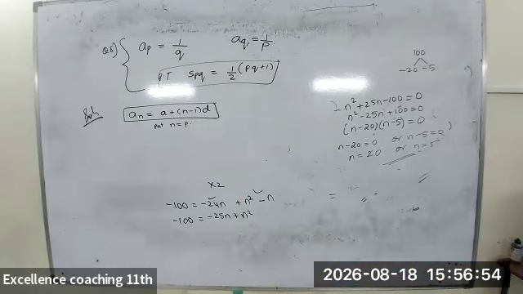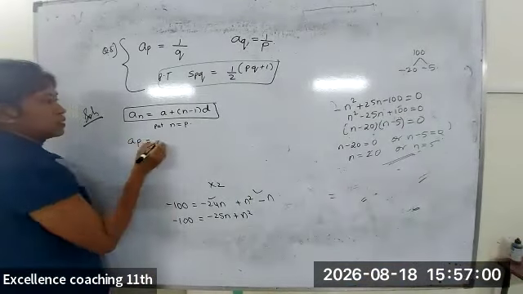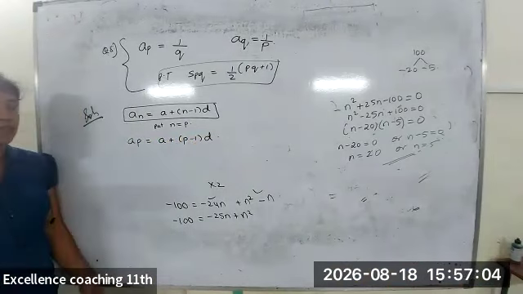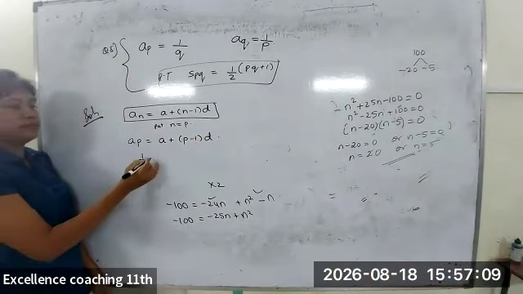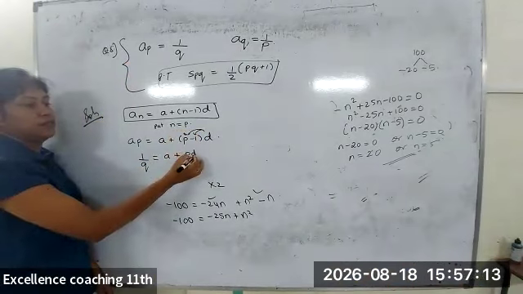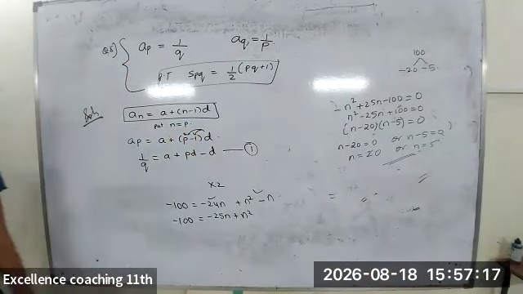So what is given? The pth term of the AP is given as 1 by q. So the first equation you will get. What is the value of the pth term given? 1 by q. Mark it as equation 1.